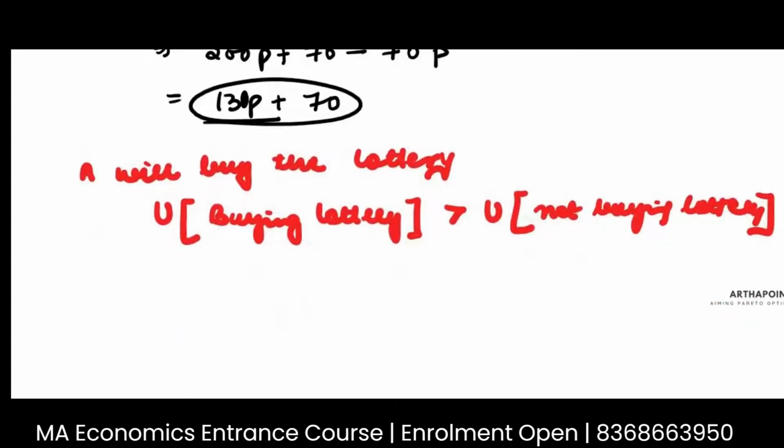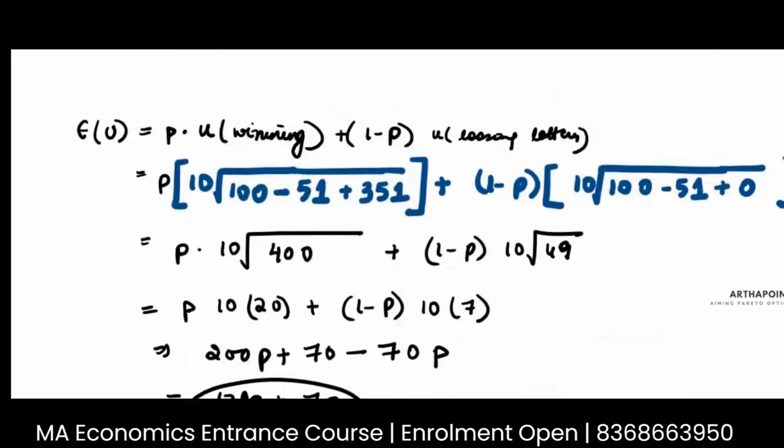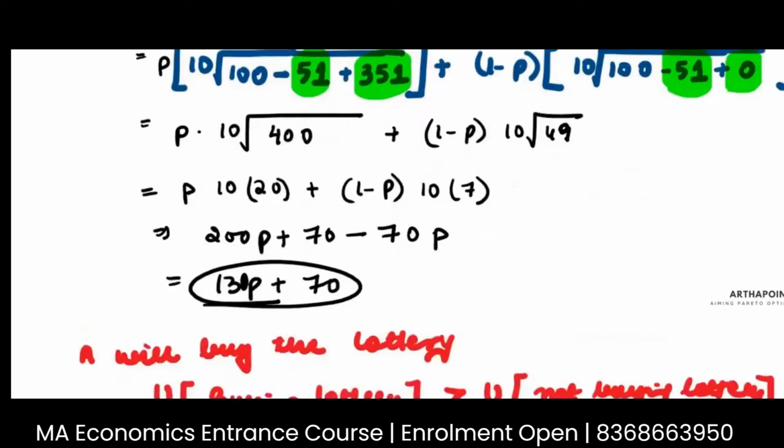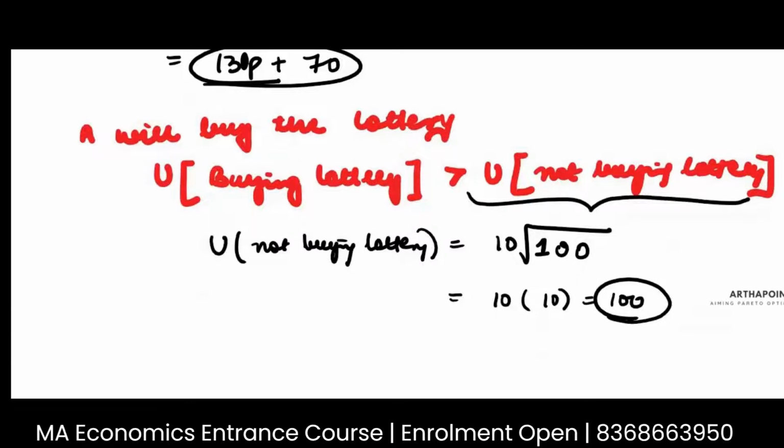So what will be my utility from not buying the lottery? It is given by 10 root x, and x in this case will be 100. I did not touch my 100 rupees. Here I'm not spending any money. So here I will get 10 into 10, which will be 100. This will be my payoff when I do not buy any lottery.